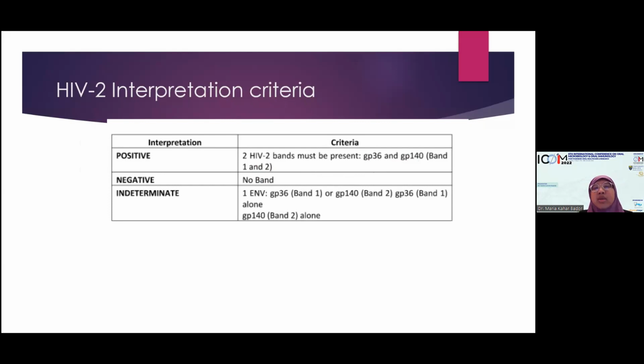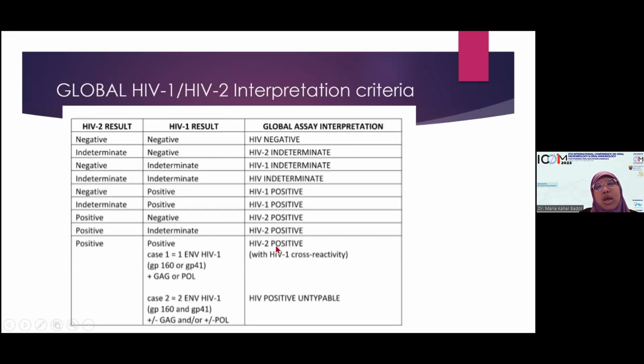And it is indeterminate if there is only one envelope, either those or a GP140 band. HIV-2 has 140 instead of 120 as HIV-1. So the assay also gives us how to interpret if we have results such as this.